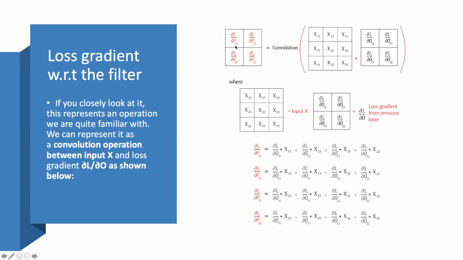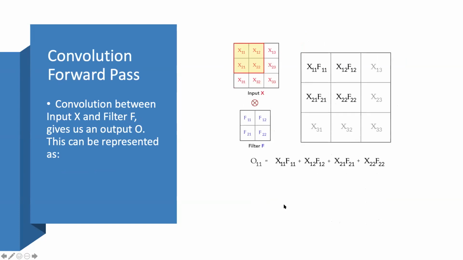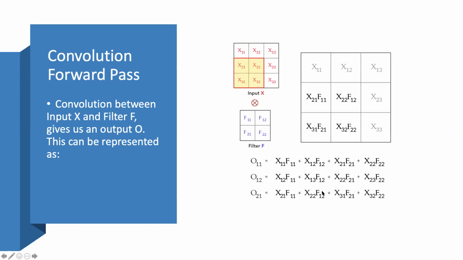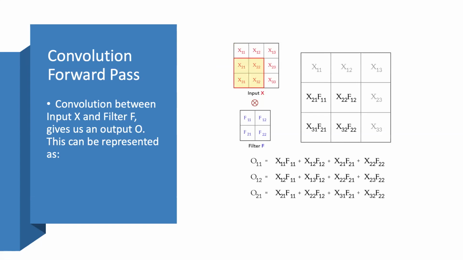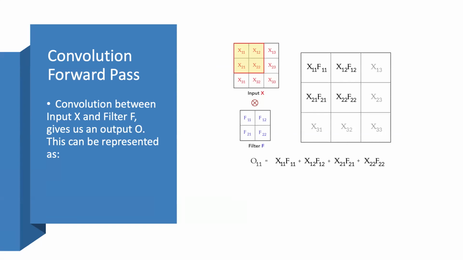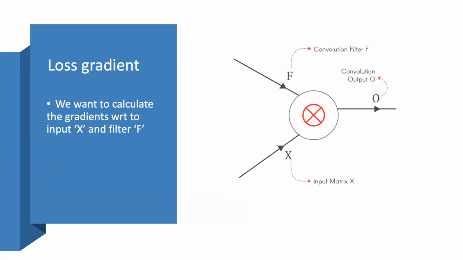So we need to know all the places in the output where F11 has affected the output. So can you guys quickly tell me which all outputs F11 has affected? Anybody, very quickly, speak up. All of them. Correct. What about F12? It's again all of them as well. Oh, wow, you guys are smart.